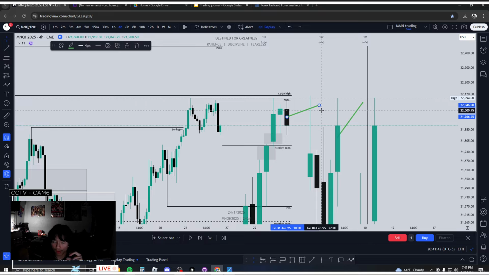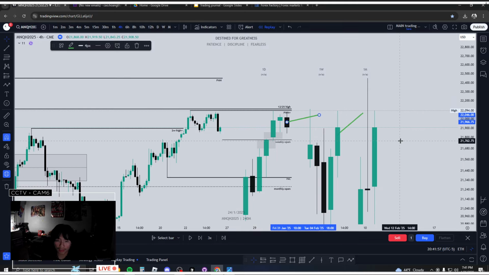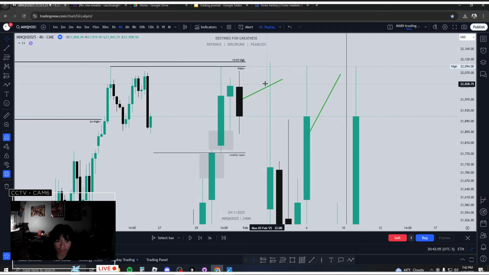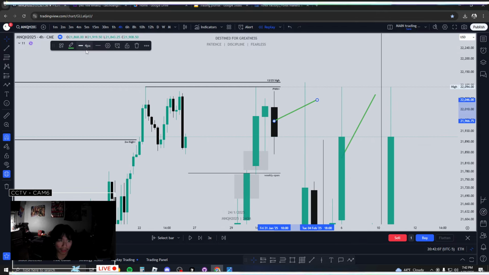So notice how on the dollar, the daily time frame and the weekly time frame were aligned with each other, right? The daily was suggesting lower prices, and also the weekly was suggesting lower prices. However, on NQ, there's misalignment between the time frames here, right? So on NQ, the daily time frame, I'll make it a red line.